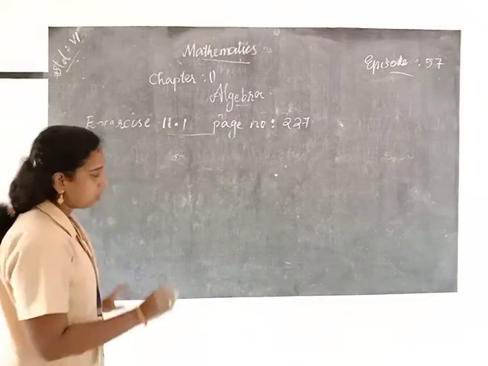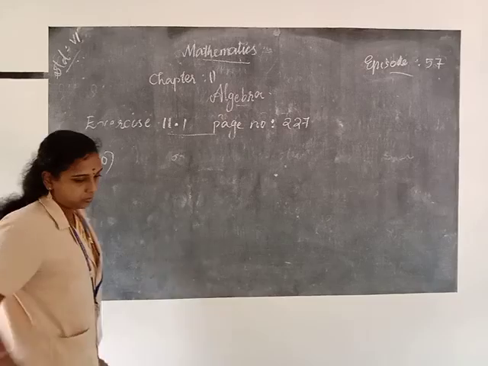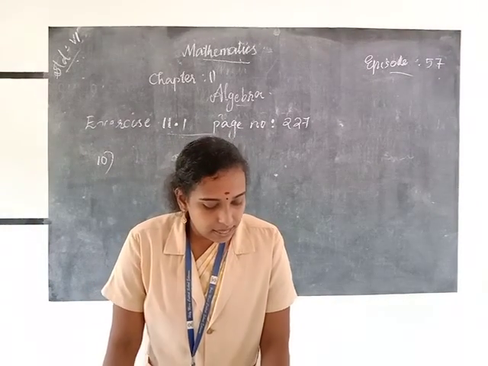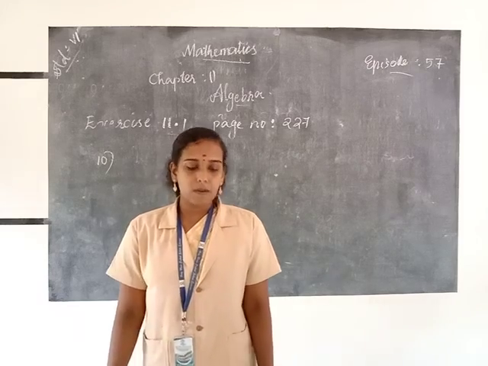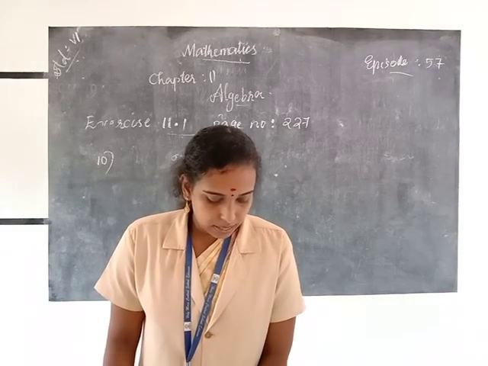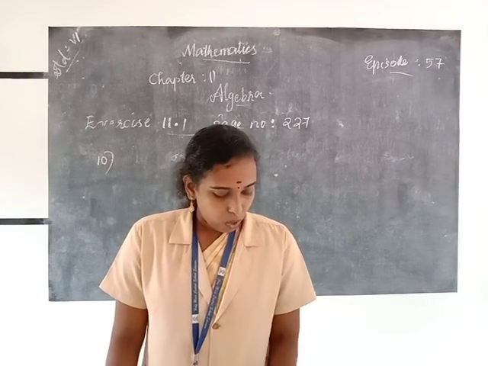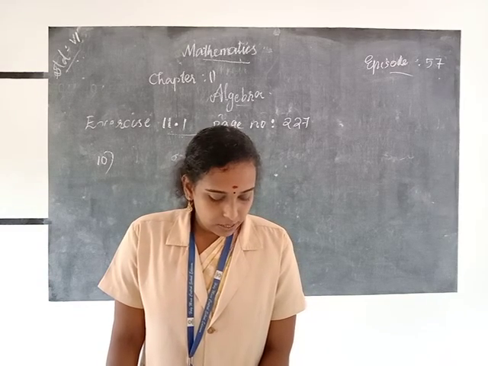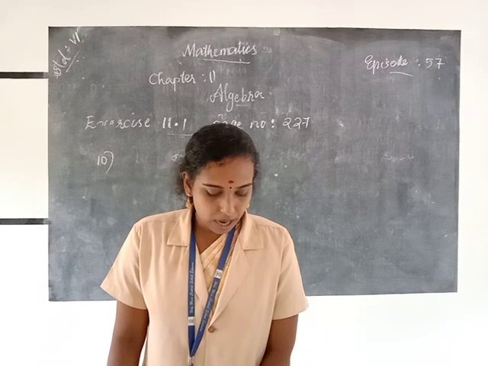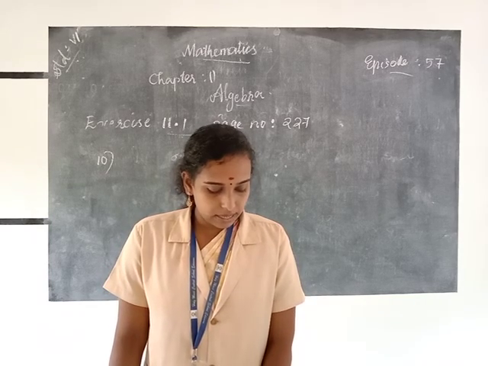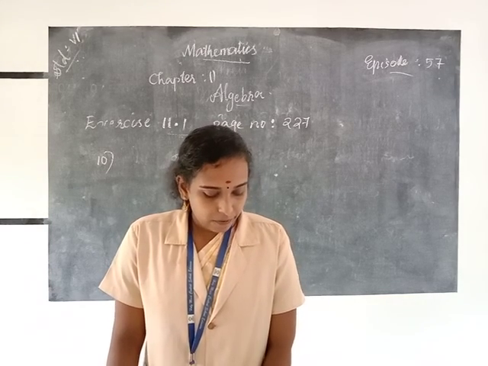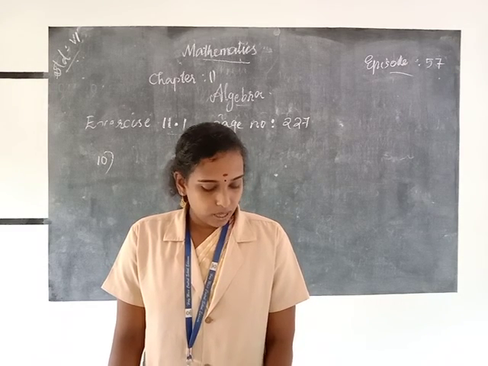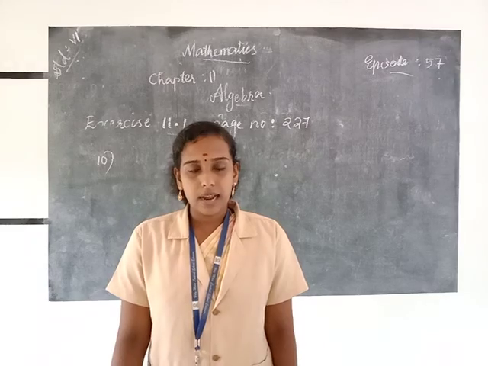Then question number 10. Look at the question. Oranges are to be transferred from larger boxes into smaller boxes. When a large box is emptied, the oranges from it fill two smaller boxes and still 10 oranges remain outside. If the number of oranges in a small box is taken to be X, what is the number of oranges in the large box?